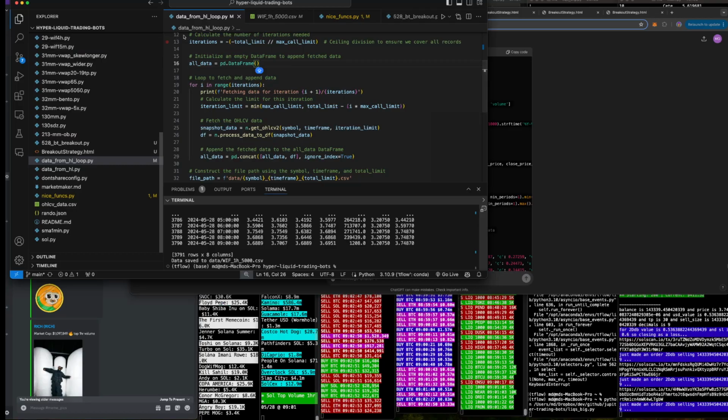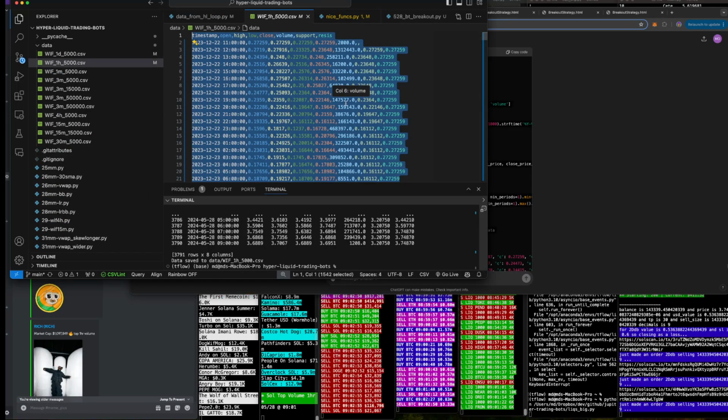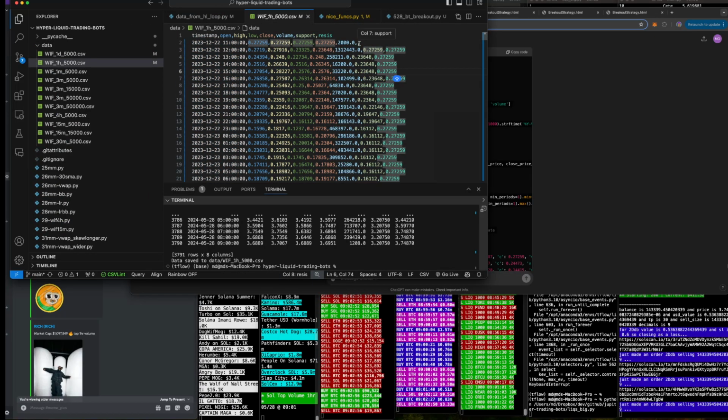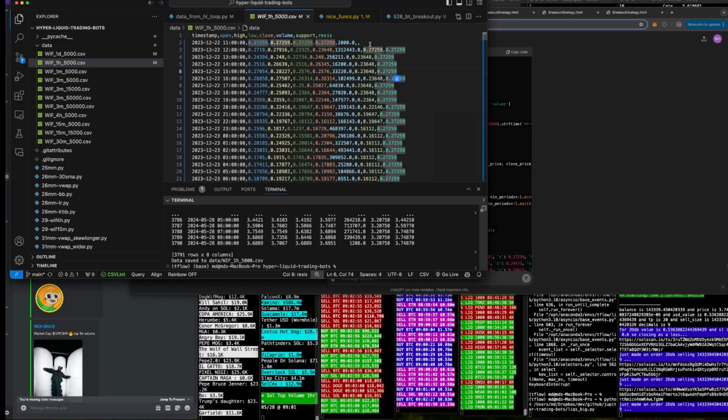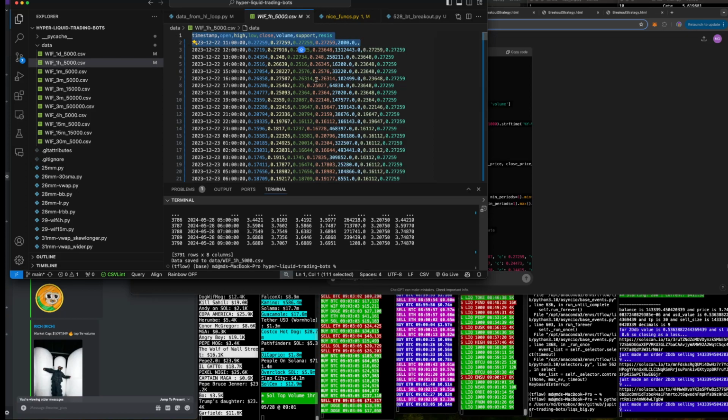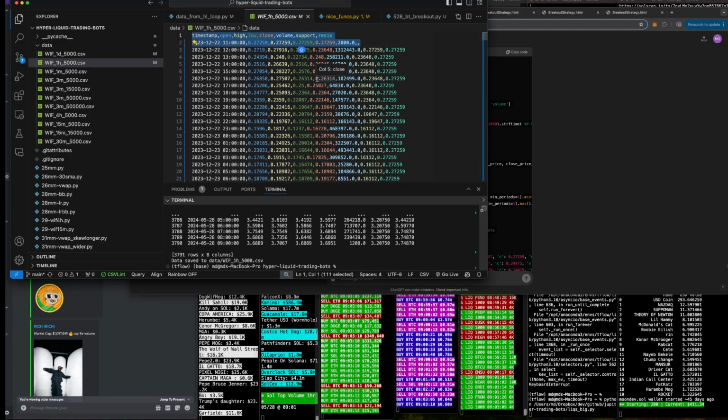Okay, nice. Let's go ahead and look at that data now. All right, now it's looking good. So it's going to be looking at the 20-day resistance.